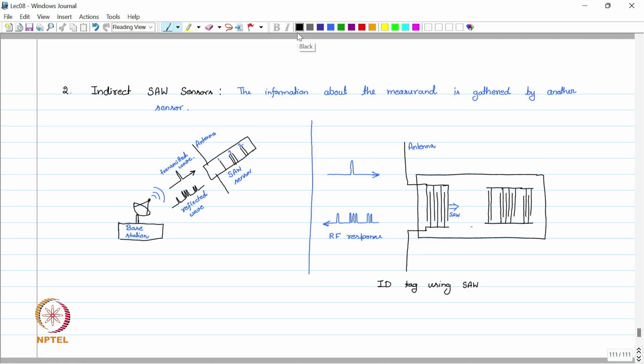And this is the process of ID tag identification. So this is the second type of SAW sensor, which is the indirect SAW sensor.